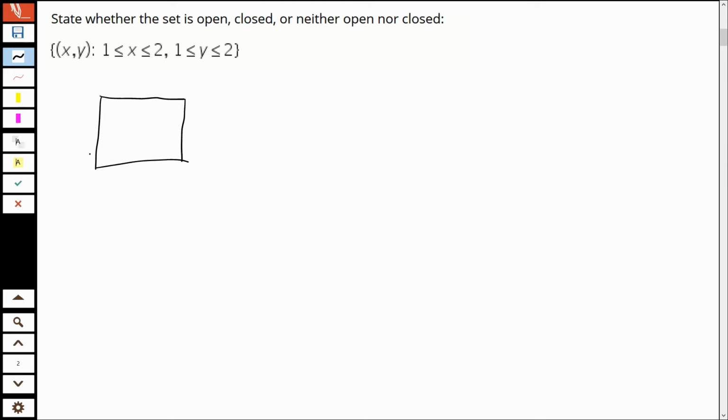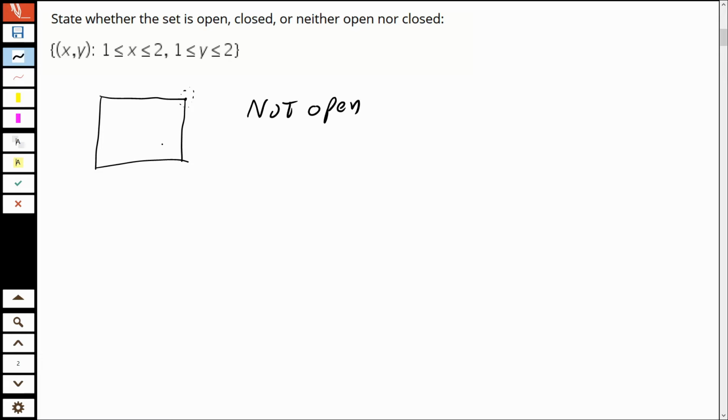Here it's not going to be open, because if I pick any point on the boundary of this set and draw a circle around it, no matter how small I draw this circle, it's never going to be fully contained inside my set. There's always a little part outside of my set. Since I can find a place where that happens, because it has a boundary, this set is not open.